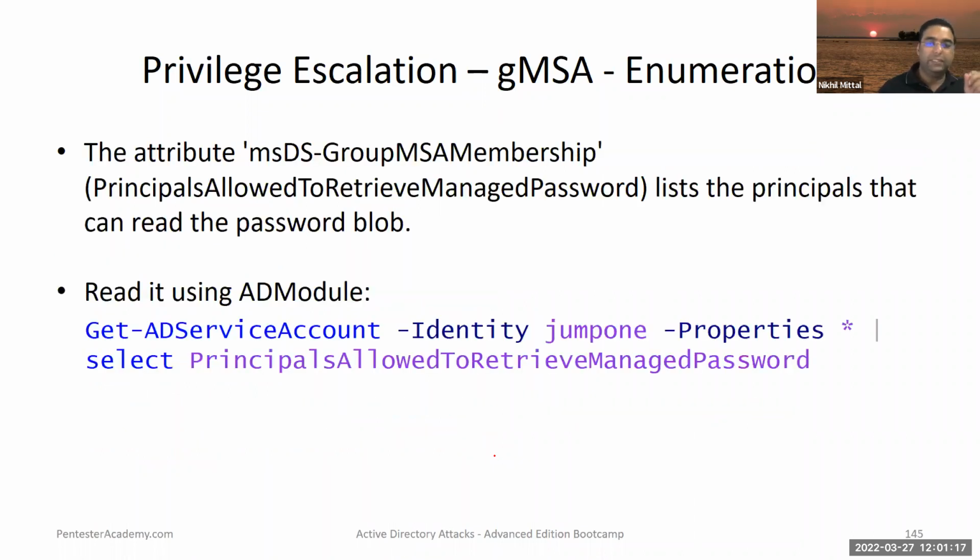Now, the msDS-GroupMSAMembership attribute lists the principals that can read the password blob. This attribute is represented by PrincipalsAllowedToRetrieveManagedPassword, and you can query that particular property of a GMSA to find out who can read the passwords.